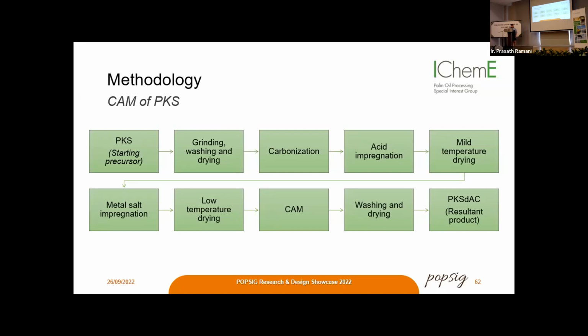After the impregnation, the metal salt impregnated PKS is dried at low temperature to remove the residual metal salt and then undergoes the simultaneous activation and modification process to form AC. Then AC is washed and dried for product characterization.